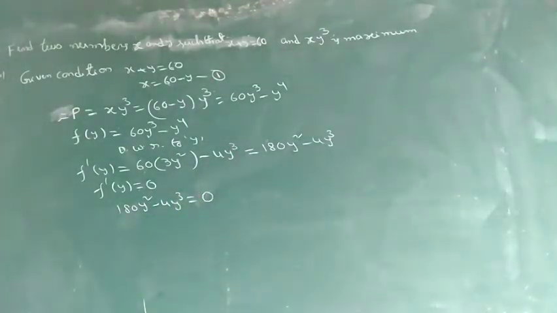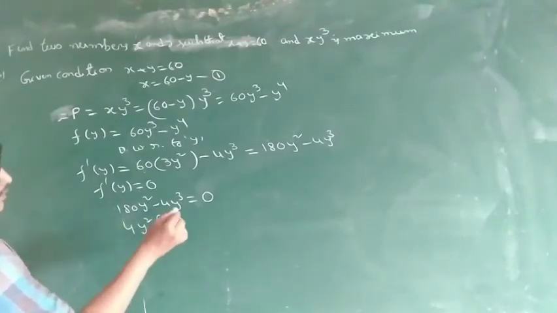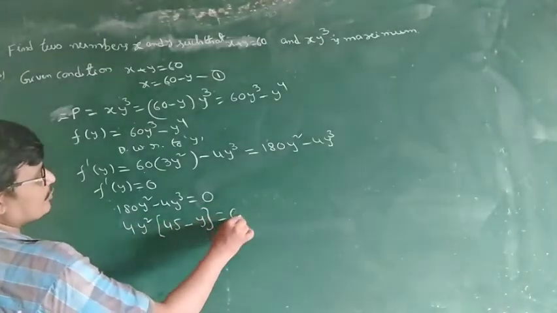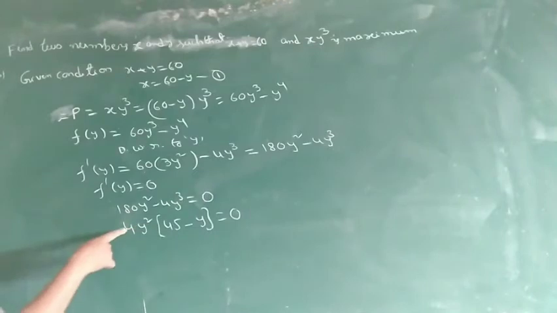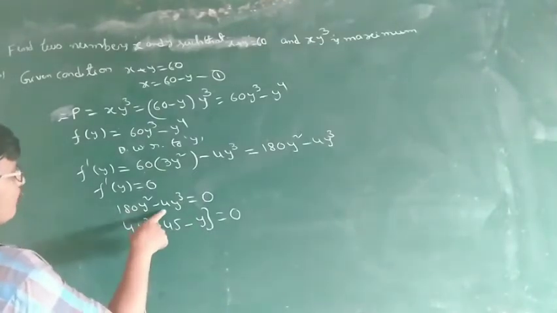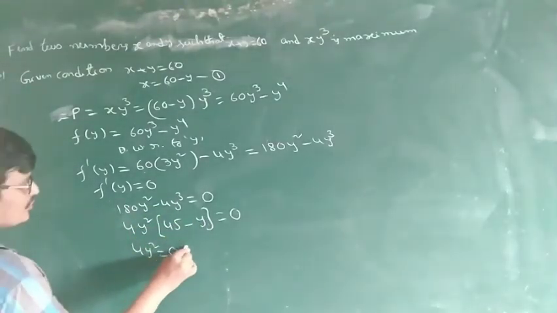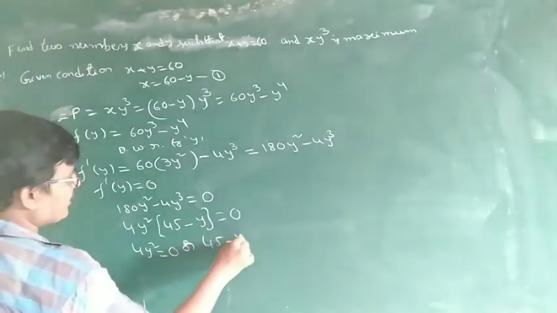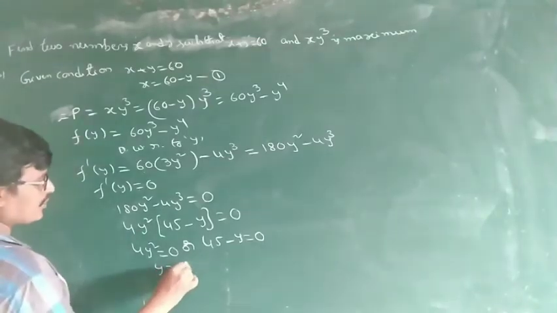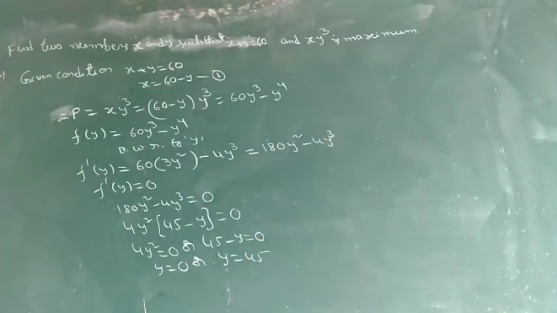Taking 4y square common: 4y square into 45 minus y is equal to 0, because 45 into 4 is 180. So 4y square is equal to 0 or 45 minus y is equal to 0. So y is equal to 0 or y is equal to 45.